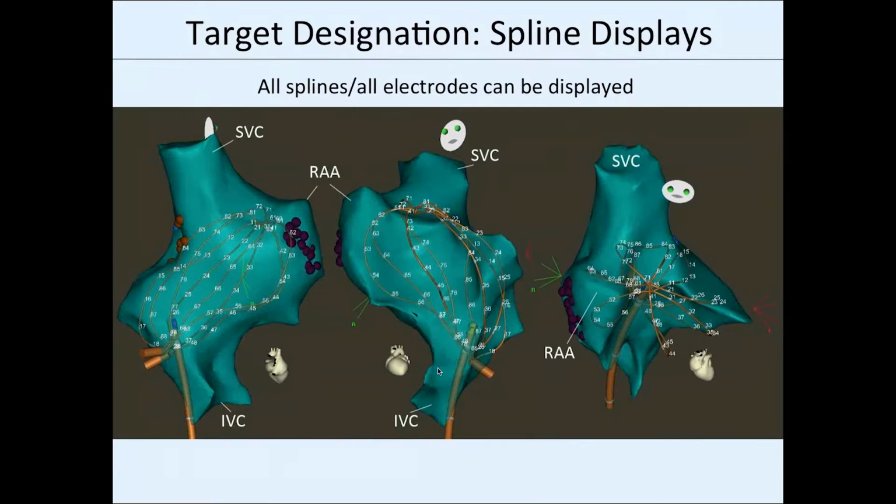This is a right atrial electroanatomic shell made by the Biosense system, and you see here the entire basket, all 8 splines, all 64 electrodes are displayed. Reasonably uniform electrode and spline distribution in the right atrium here. But this is a lot to look at, and if you're trying to pick out a specific electrode, it just gets a little bit noisy.